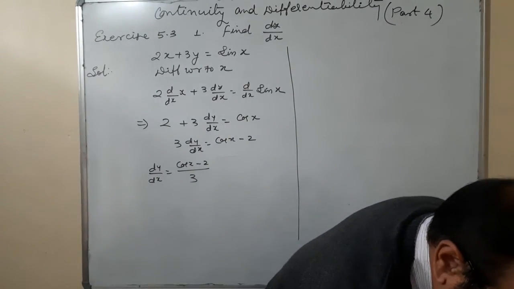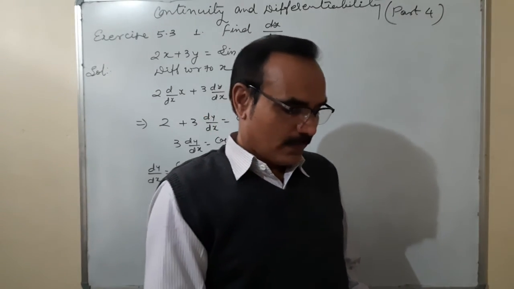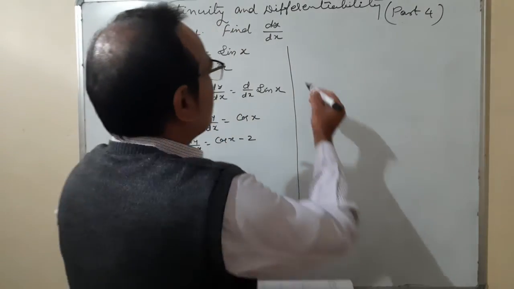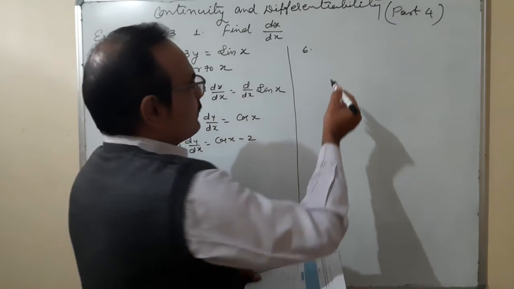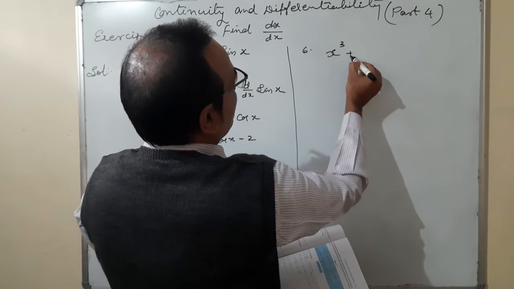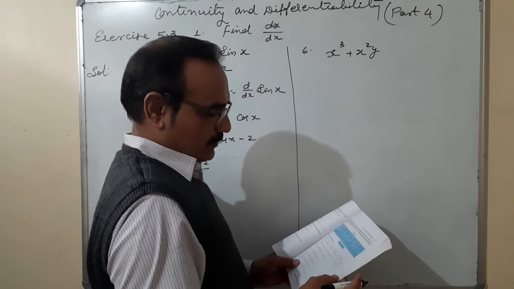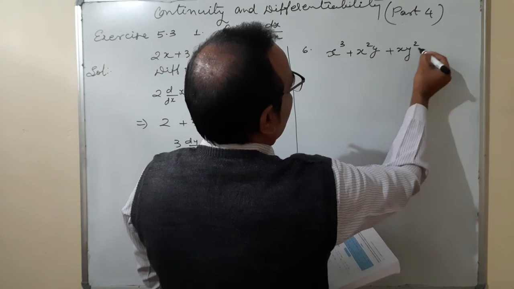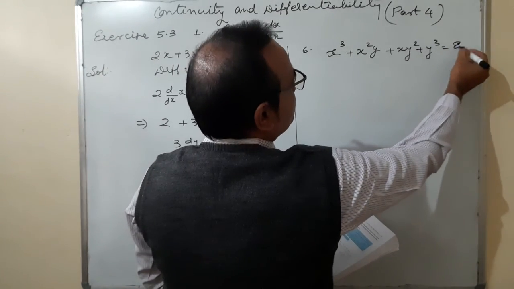Next question I am taking from this exercise, question number 6: x cube plus x square y plus xy square plus y cube is equal to 81.